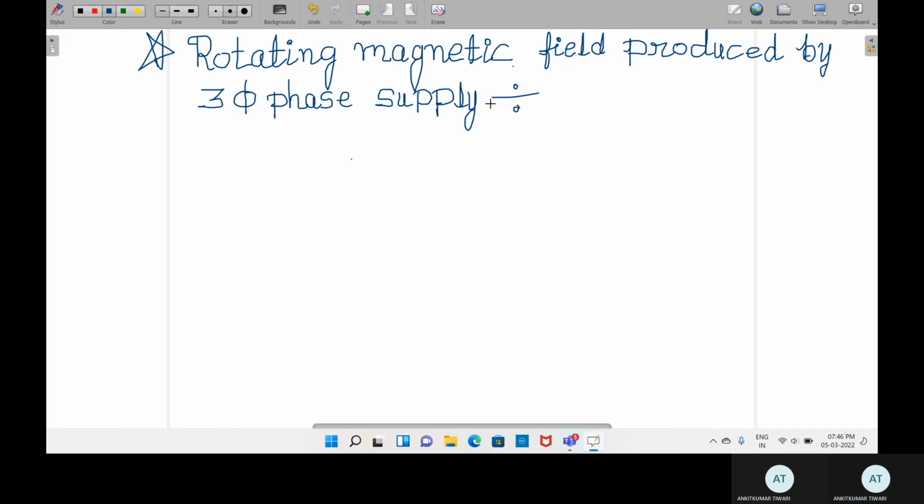It means the rotating magnetic field, the name which has been entitled, how does it produce, we will go through it.